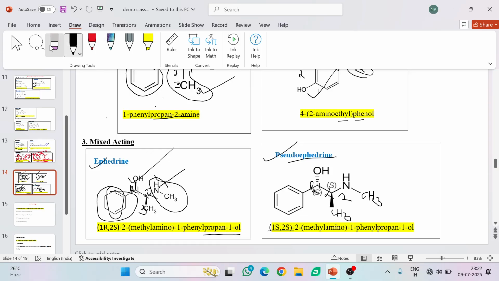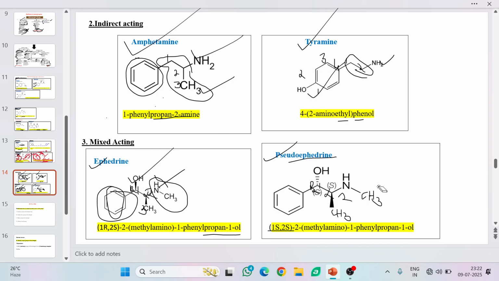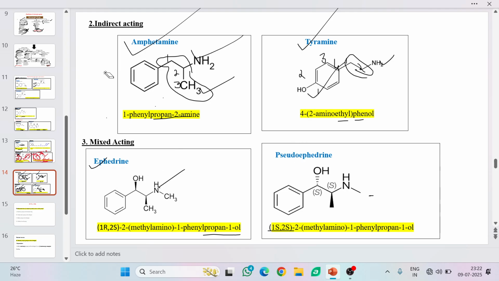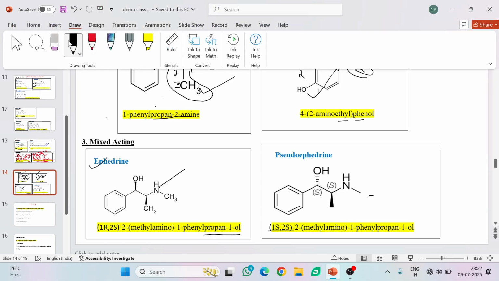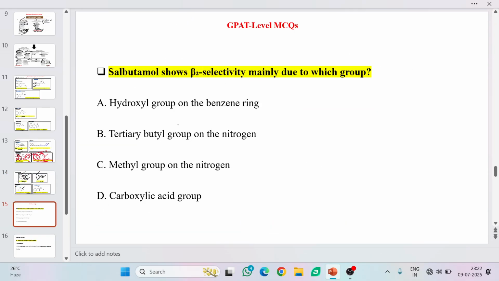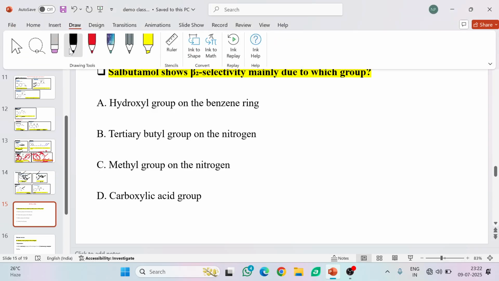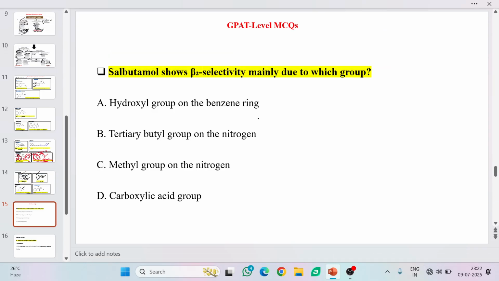So they will ask questions from these differences. Yeah. So this is the basics of adrenergic system. What is sympathetic system? What are their drugs? Their classification, receptor. Now we will see some GPAT level MCQs on this.